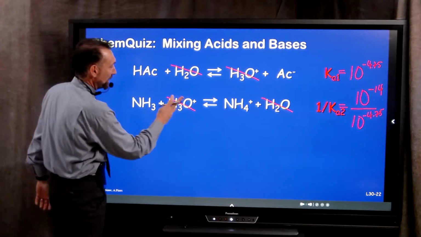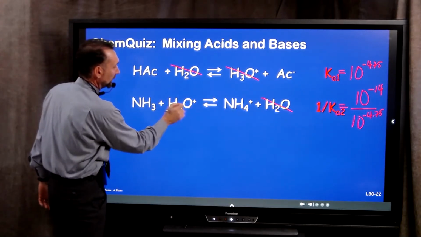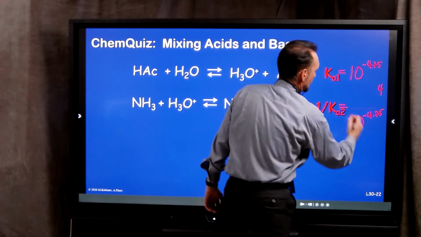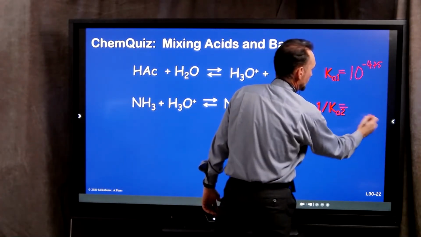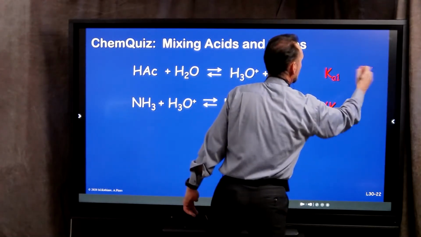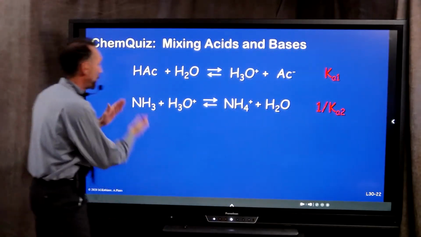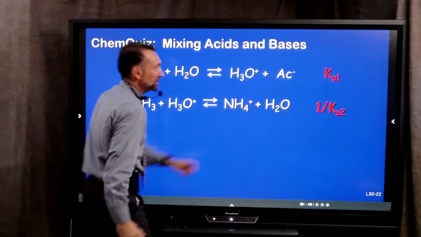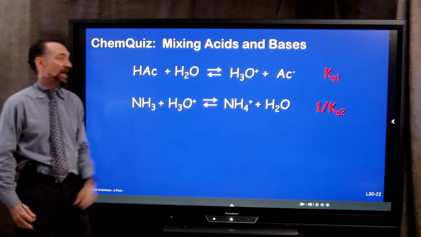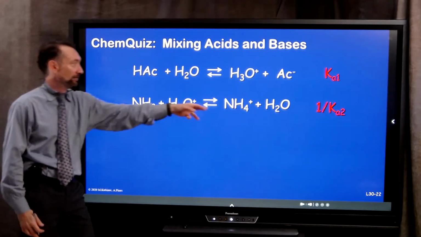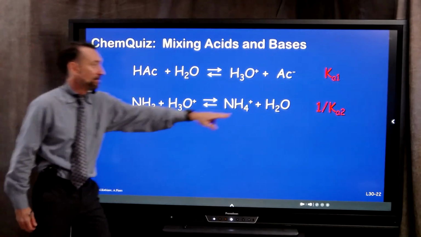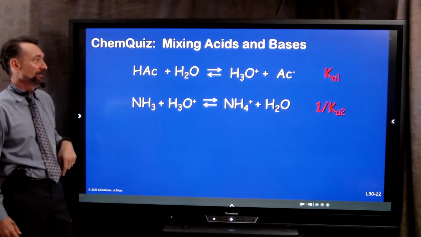We can write it down. So let's get rid of some of these annotations here. So this reaction is 1 over the Ka for NH4 plus. I reversed that, so I took 1 over the equilibrium constant for the Ka reaction.